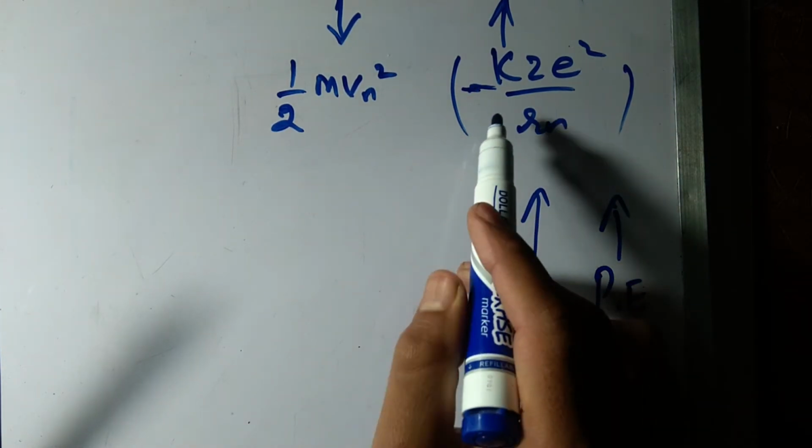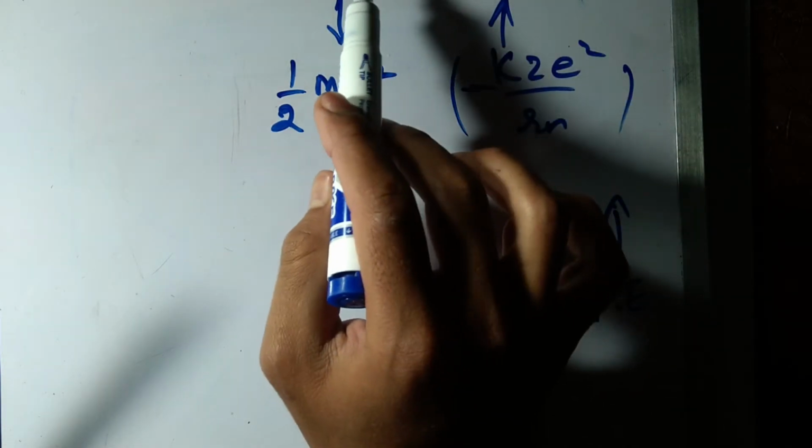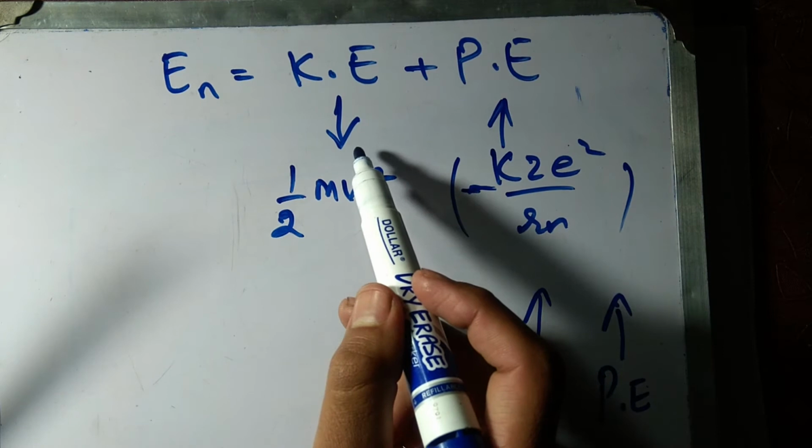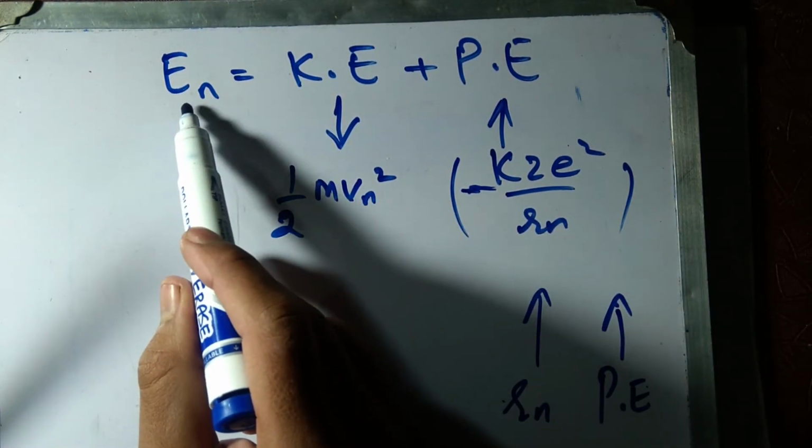As the potential energy increases, what happens to the kinetic energy? The kinetic energy will decrease, because the overall term here is constant.